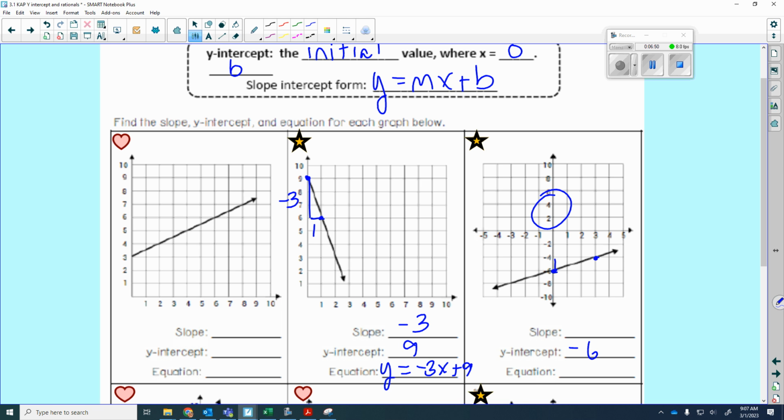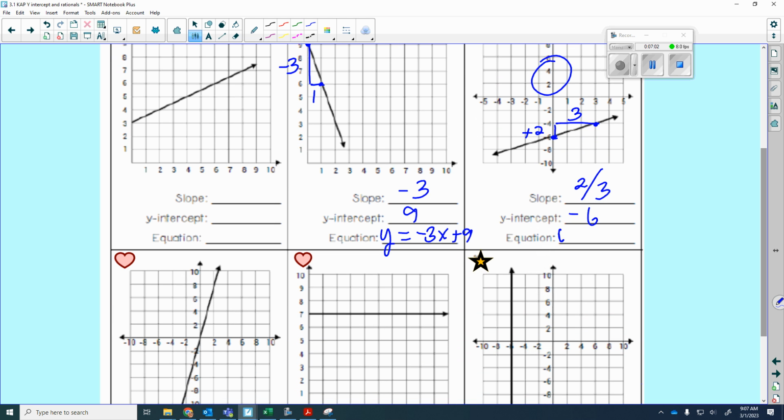Because of the scale, y'all, don't get fooled by the scale. So it went up 2 and then from 0 to 3, 3. So the slope is what? 2/3, and that makes the equation 2/3 x minus 6, or 2/3 x plus -6, either way.